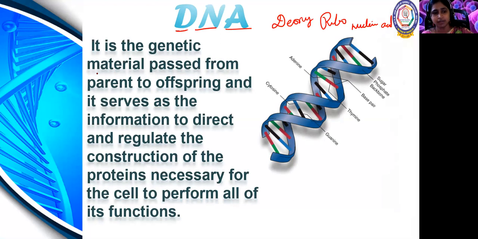It is a genetic material passed from parent to offspring, and it serves as the information to direct and regulate construction of protein synthesis, and perform other functions. In simple terms, the DNA has the gene, and the gene is responsible for the hereditary transformations, right?